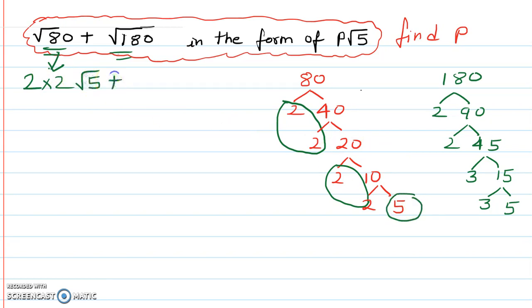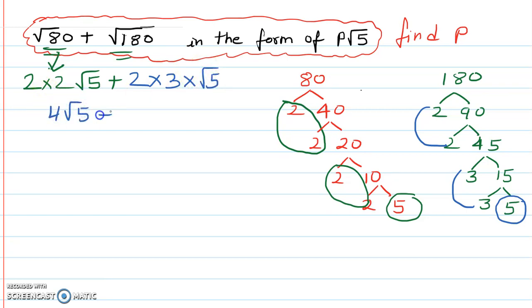Okay, similarly here for this pair you can write down 2, for this pair you can write down 3. Okay, and this 5 is again crying, unpaired, so let's write root 5 here. So it will be 4 root 5 and it will be 6 root 5.